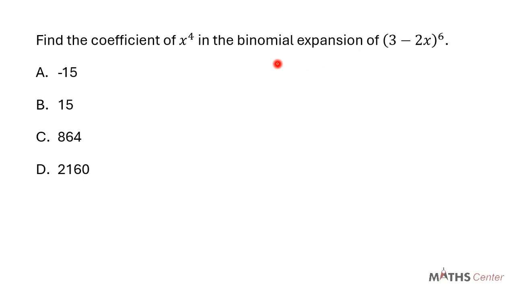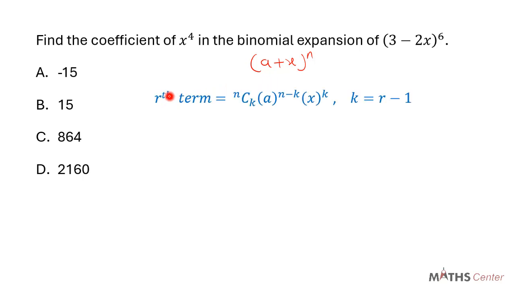We have just learned that if you have a binomial expression of the form (a + x)^n, then the rth term in the binomial expansion will be given by the formula nCk a^(n-k) x^k, where k is equal to r minus 1.